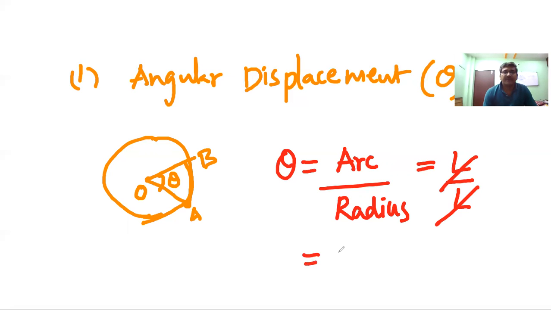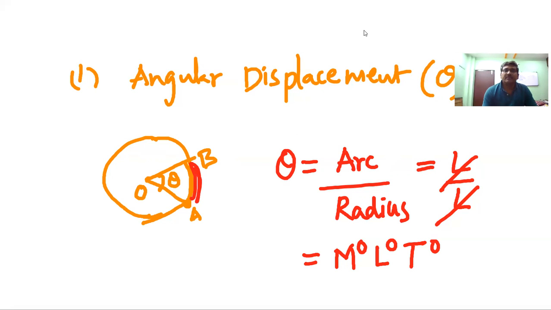So I can write M to the power of 0, L to the power of 0, T to the power of 0. This is the dimension formula. Anything to the power of 0 is 1, so 1 into 1 into 1 is simply 1. Okay? Observe, OA to OB is the movement, AB is the angular way, theta is the displacement.